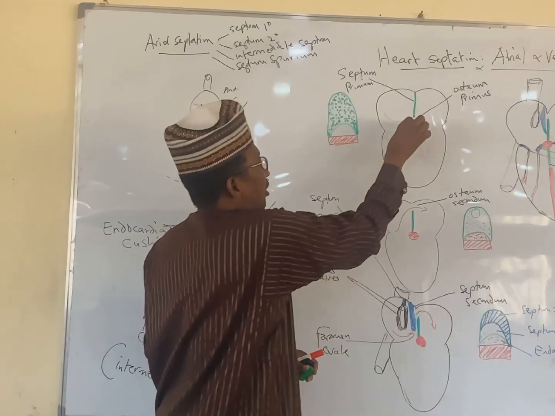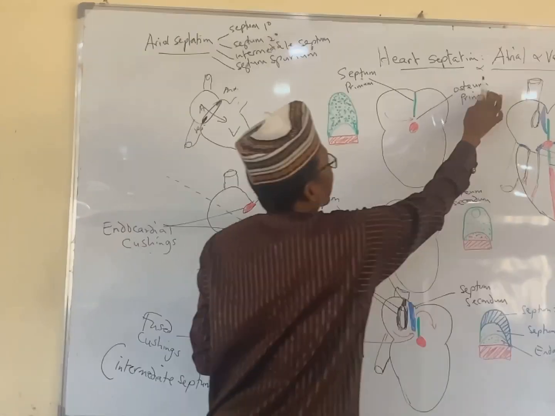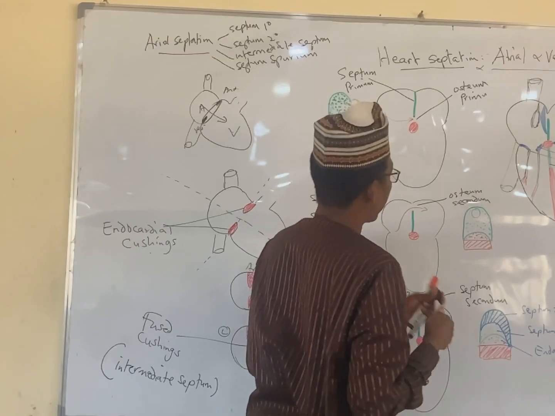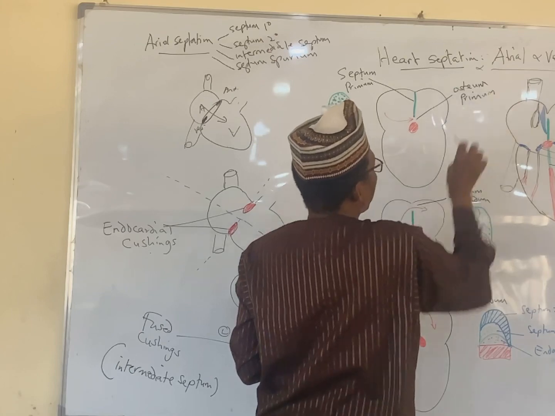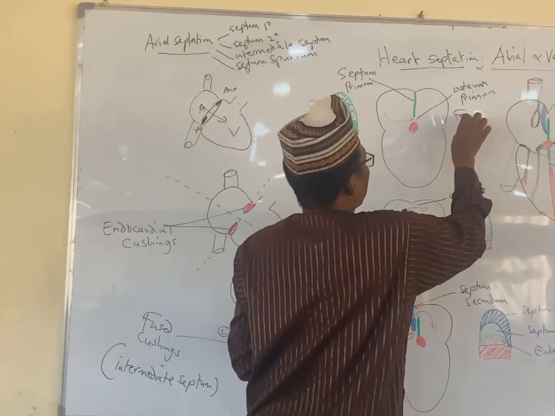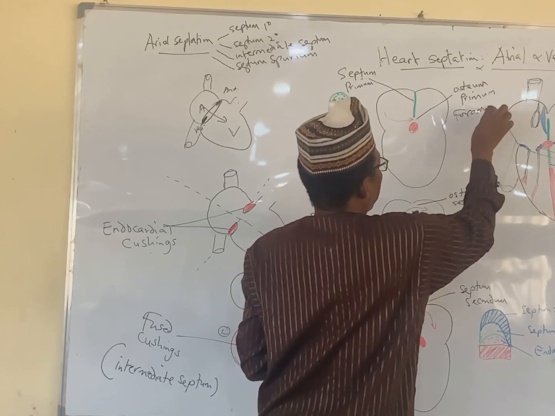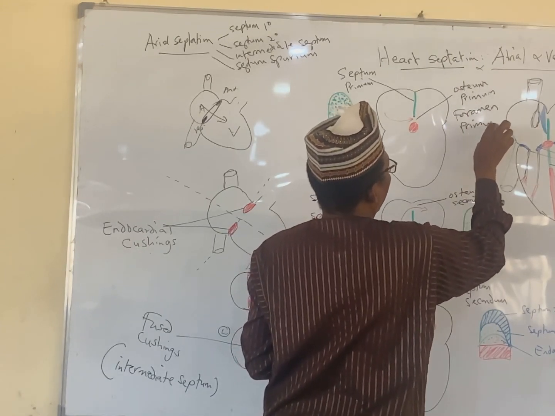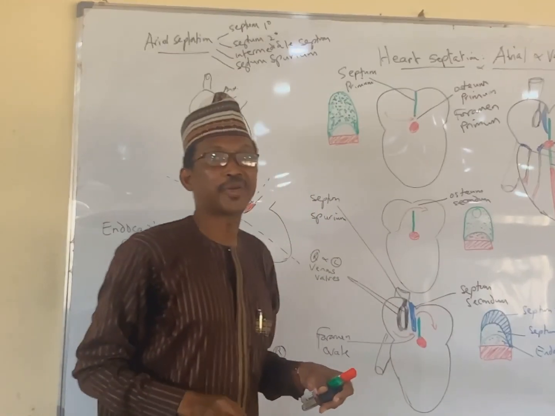That small opening is what we call ostium primum. We call it what? Ostium primum. So this ostium primum can also be called foramen primum. Foramen what? Foramen primum or ostium primum.